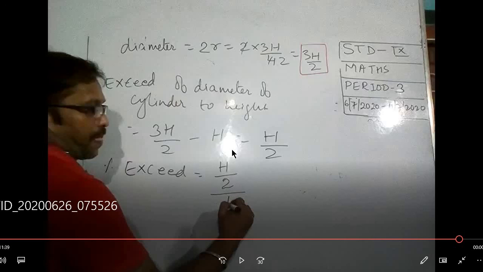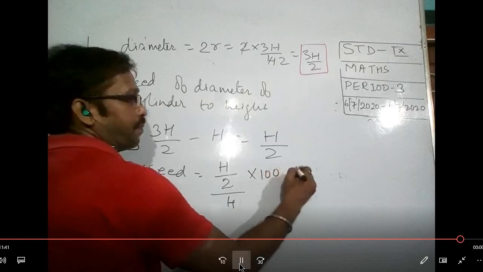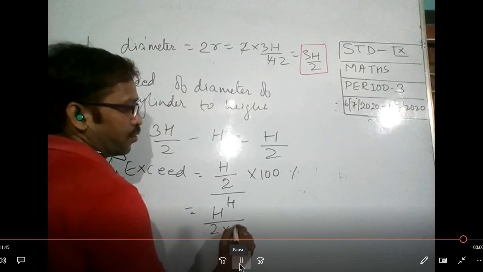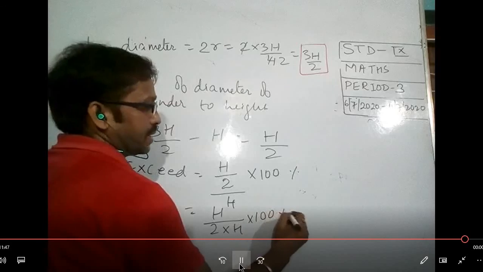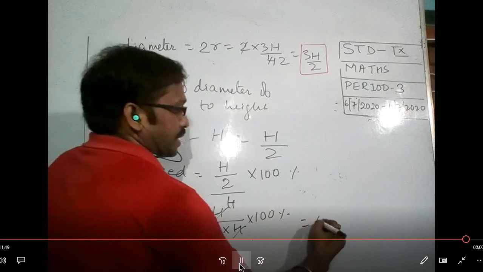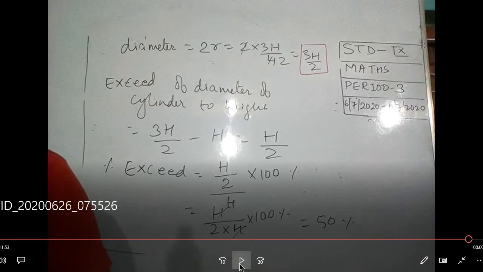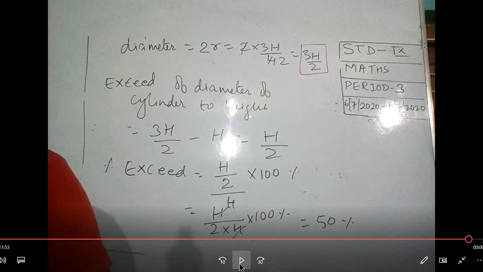We are discussing the height, so the original height is h. This is the net increase, h by 2, into 100% is the answer. See, we have done that. So this is the net excess. This type of question also we have to observe.